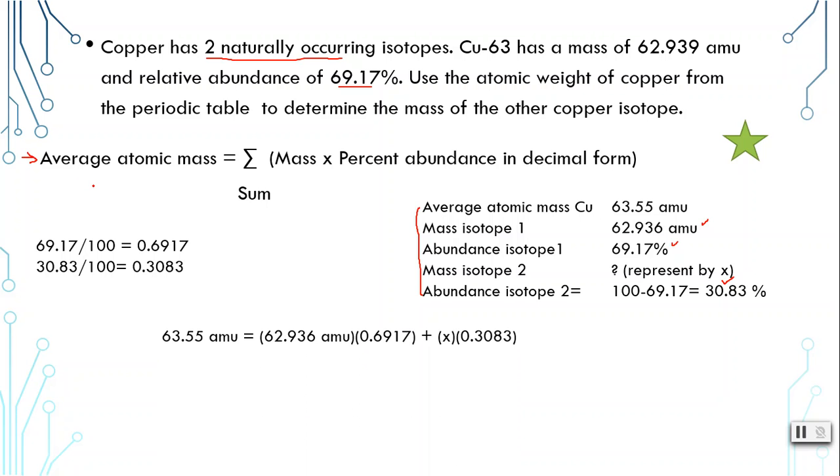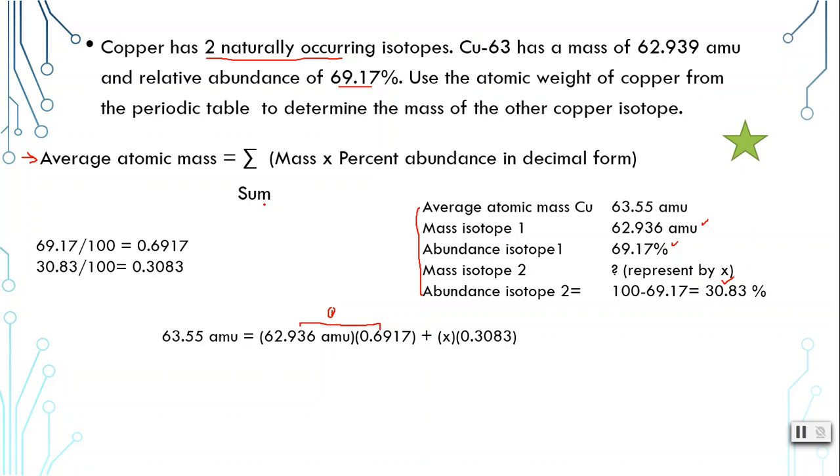So I know that my average atomic mass, 63.55, is equal to the sum of my first isotope mass and abundance in decimal form. This first isotope has a mass of 62.936 multiplied by its abundance in decimal form. So that's for the first isotope.